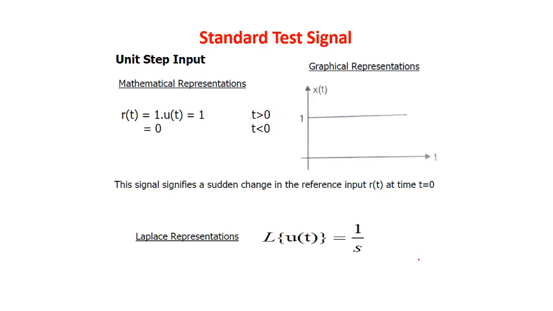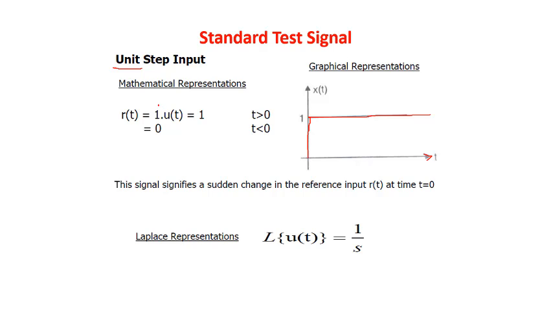Next, if we have a unit step input, as the name itself tells, unit means 1. So we will have just a unit input, with magnitude equal to 1, and it will remain 1 for all values of t greater than 0.